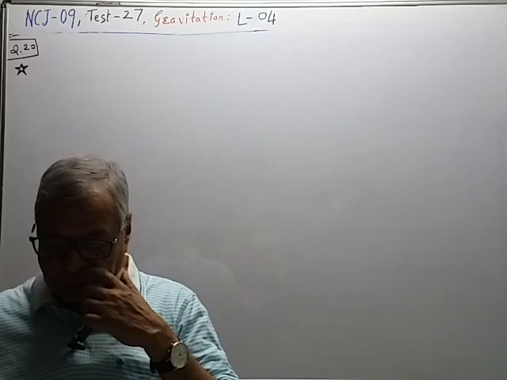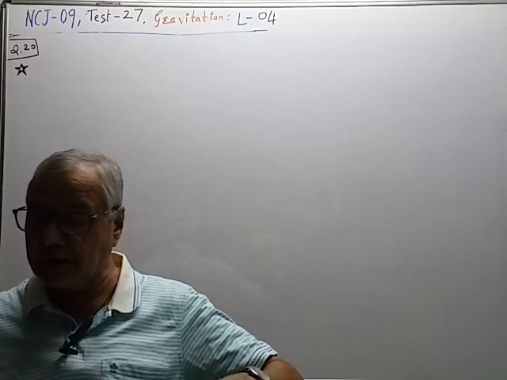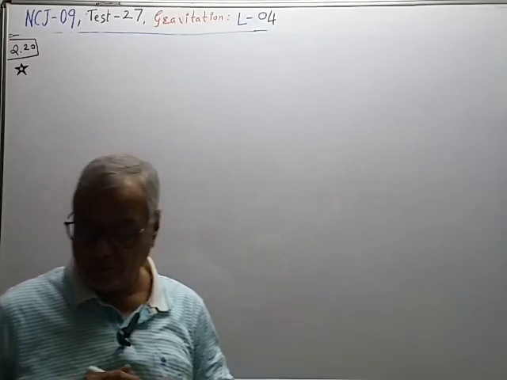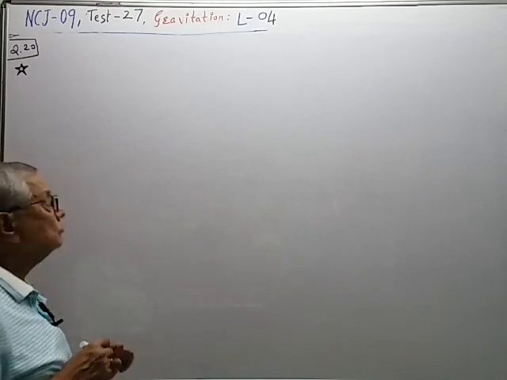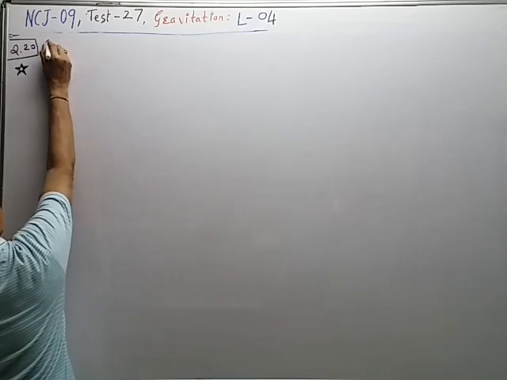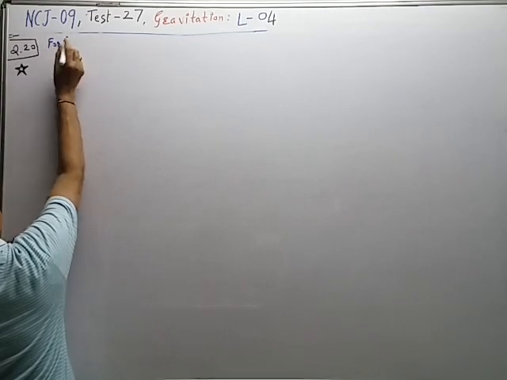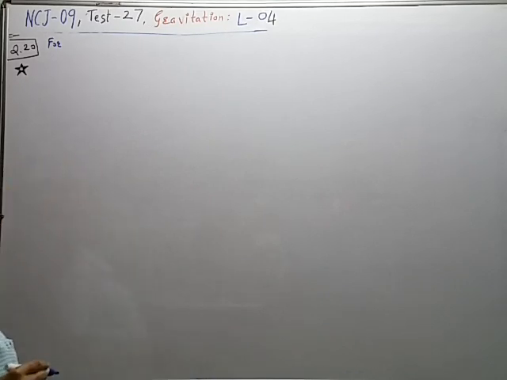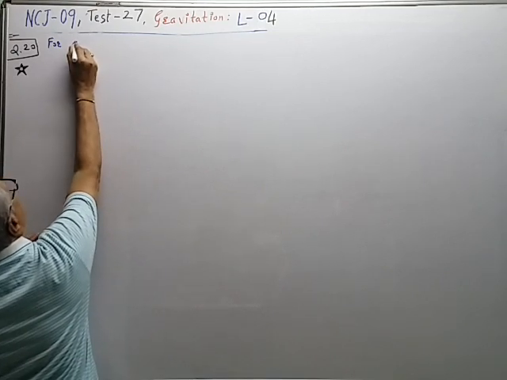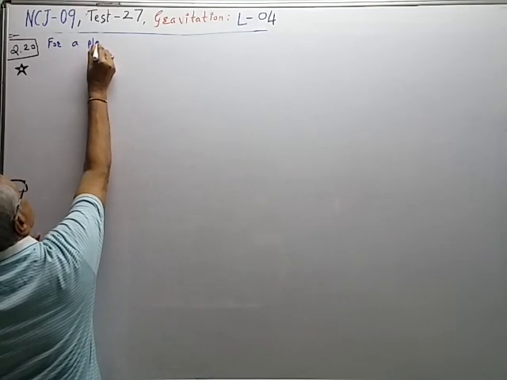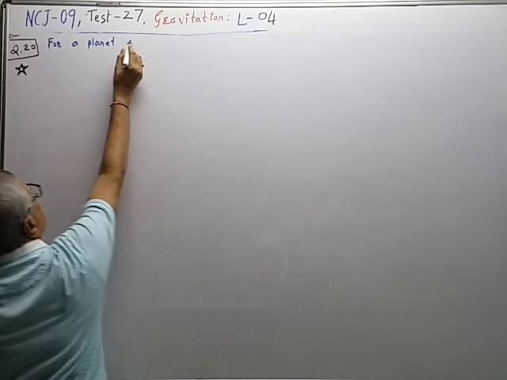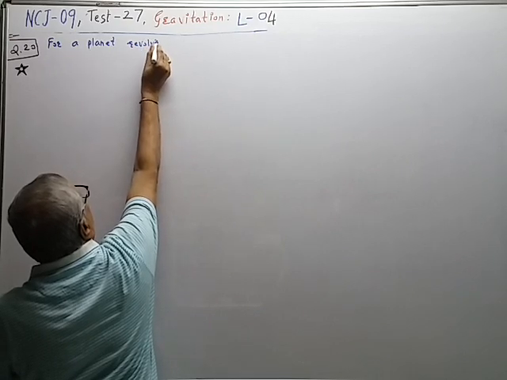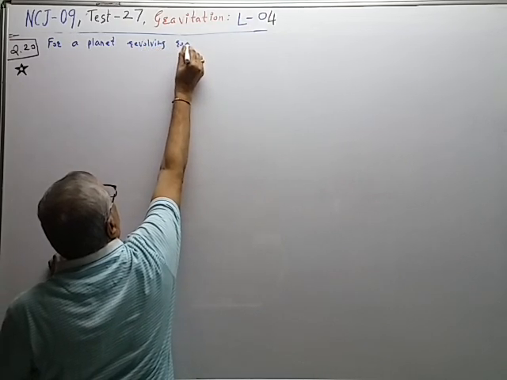Period depends on. So we know the basic relation for the period. Our problem is for a planet revolving around the earth.